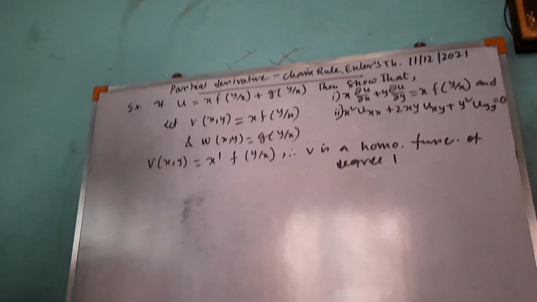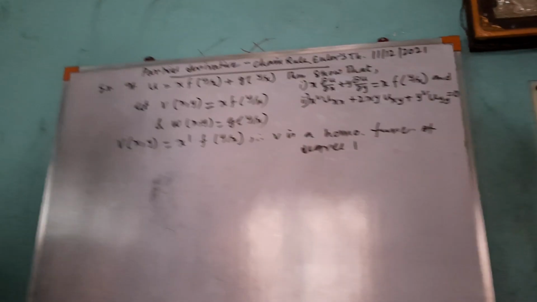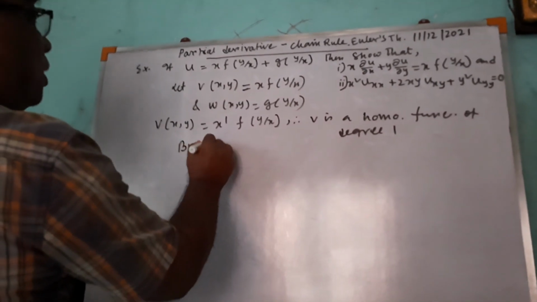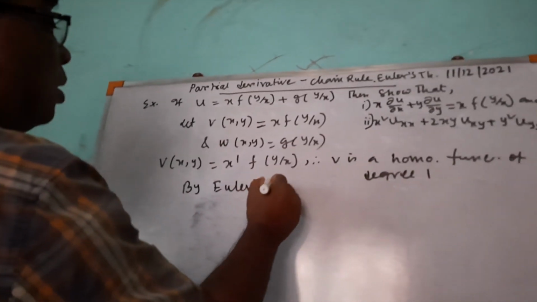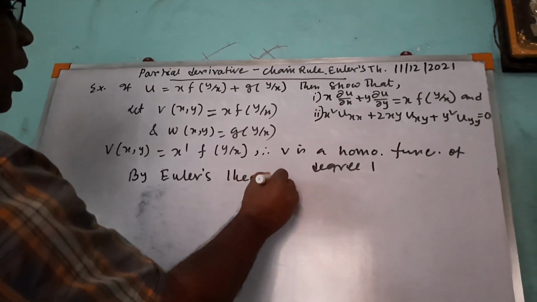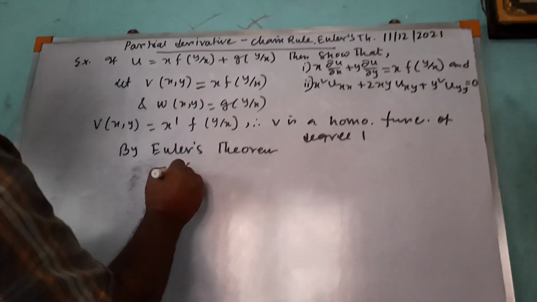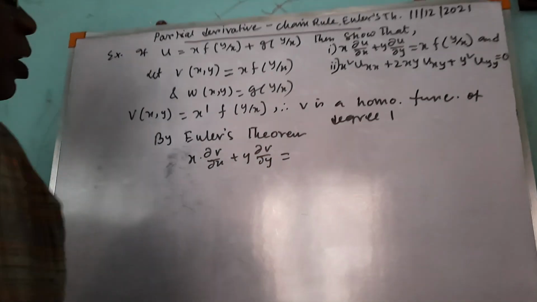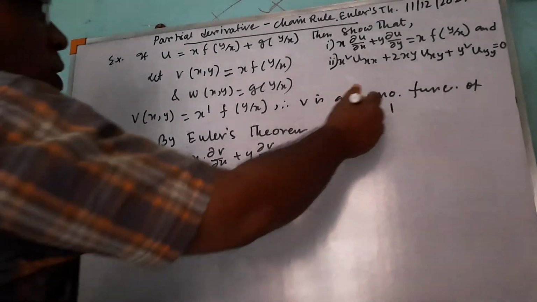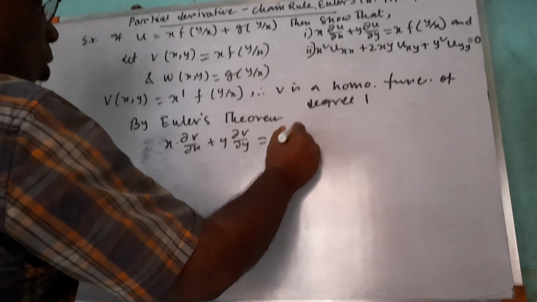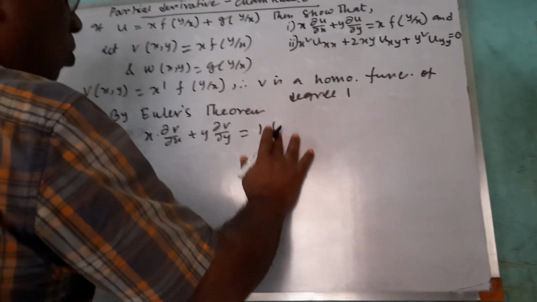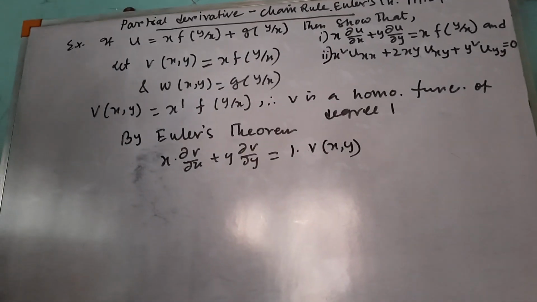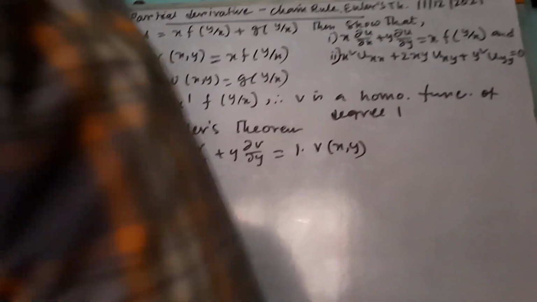Therefore, by Euler's theorem, x ∂v/∂x + y ∂v/∂y = n·f(x,y). Here the degree n is 1, so this is 1 times V(x,y), that is V.